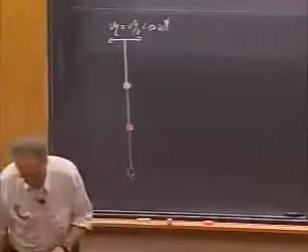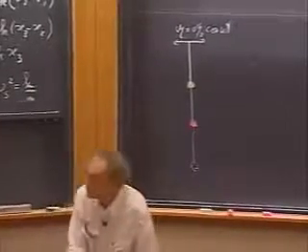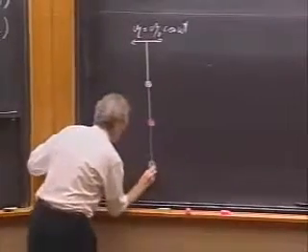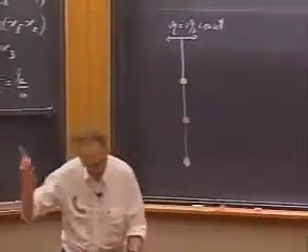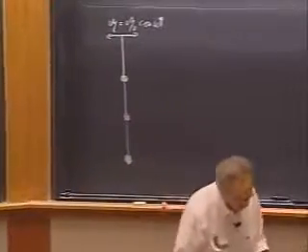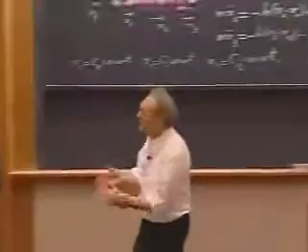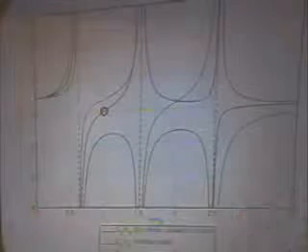And the bottom one is going to be blue, even though it may look black there. I'll make it blue. That is the color code that we have on our plot, which will be put on the web this afternoon. So here it comes. There it is. Horizontally, we plot again omega divided by omega 0, where omega 0 is the square root of g over L, the resonance frequency of a single pendulum.